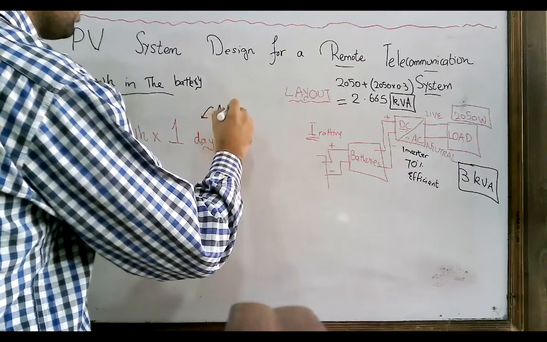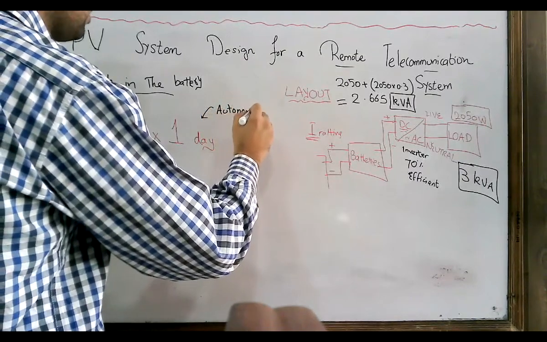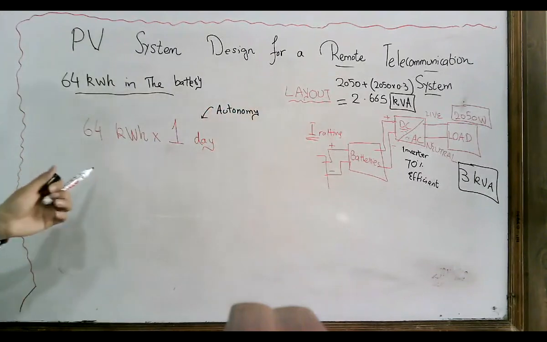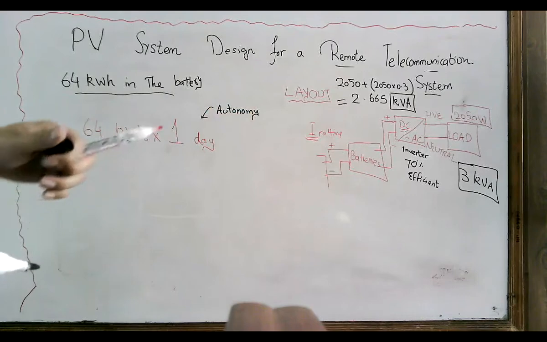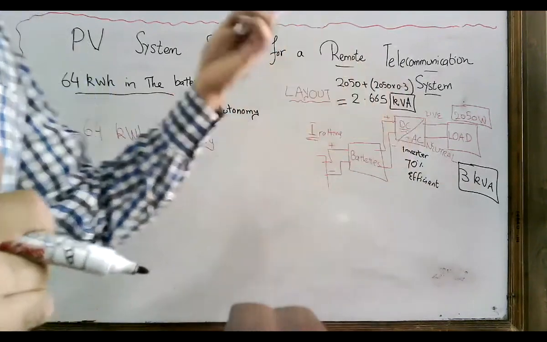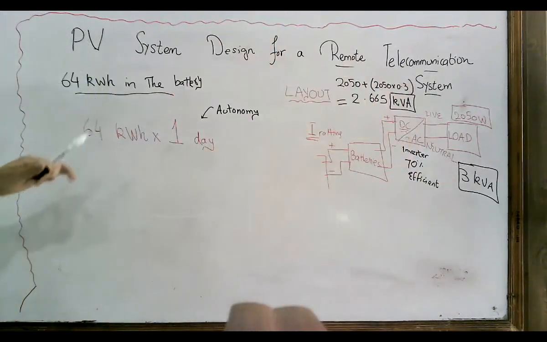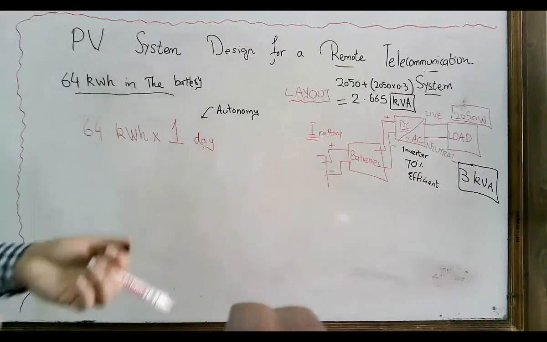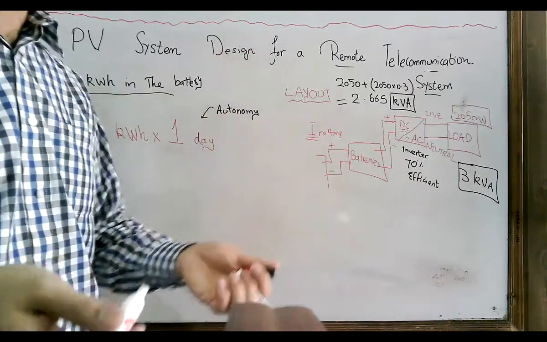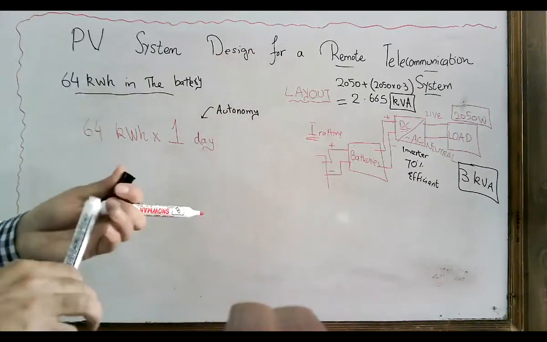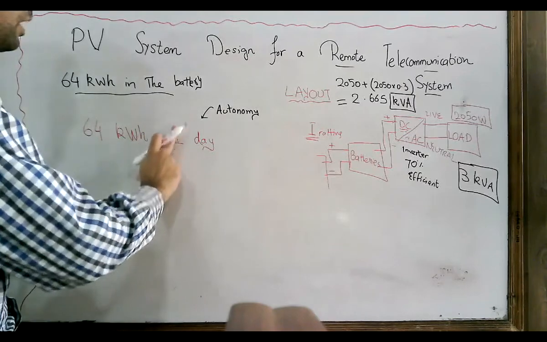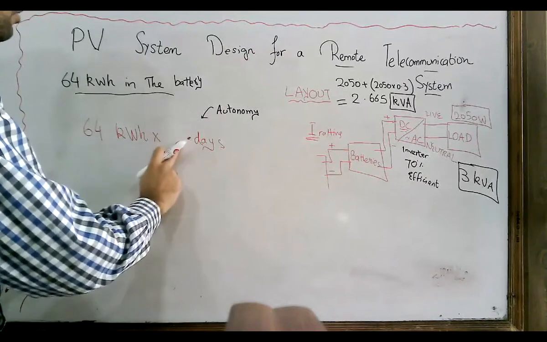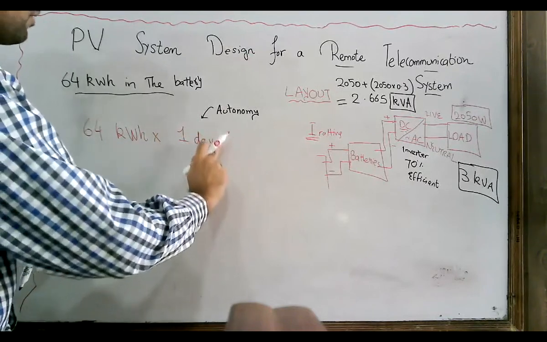That is, if on the next day there are clouds, your battery won't have enough charge to power up the load. If you want to design a system where your battery must be able to supply the load the next day when sunlight is unavailable due to clouds, then you may take autonomy as 2 days, but I am taking autonomy of only 1 day.